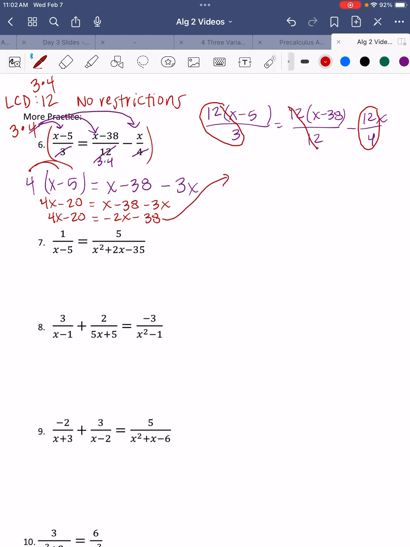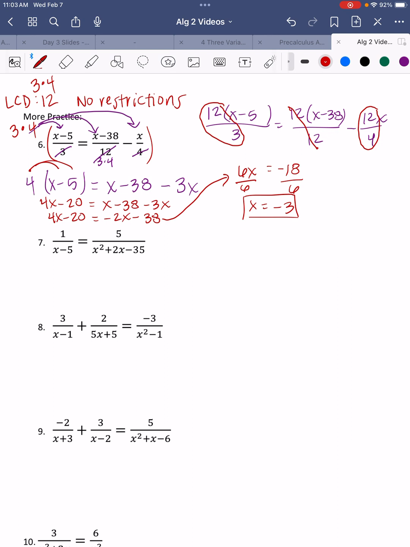I'm going to go ahead and move my 2x to the other side, so it's going to become plus 2x. So I have a 6x equaling, and when I add 20 to the other side, I'm going to get negative 18. So dividing by 6, x is going to be -3. There were no restrictions, so no extraneous solutions as a possibility here.